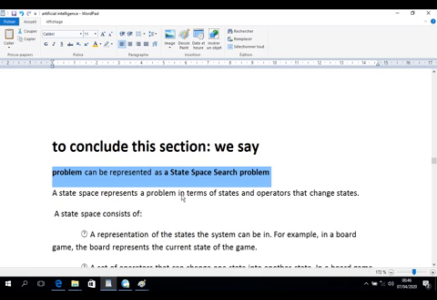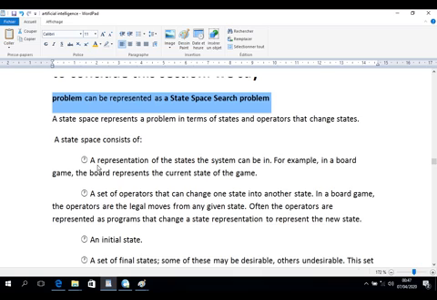A state space represents a problem in terms of states and operators that change state. A state space consists of a representation of the state the system can be in. For example, in a board game, the board represents the current state of the game. a set of operators that can change one state into another state.